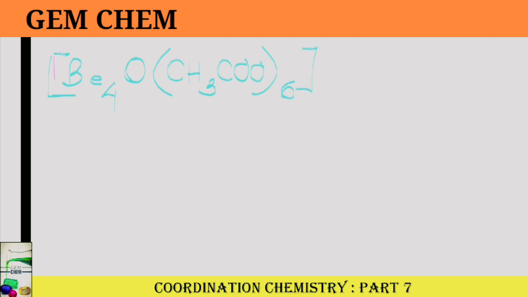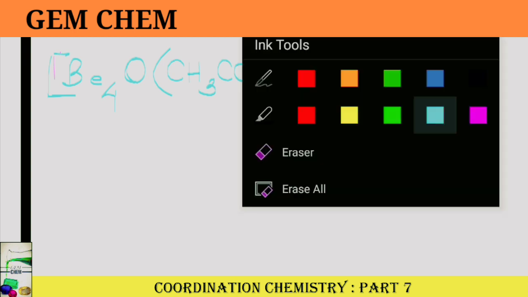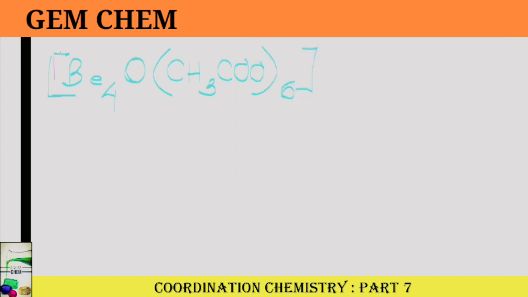This is basic beryllium acetate, and in this case you have to write down its IUPAC name. For that you have to understand the oxidation state of beryllium. So here it is 4x, here O stands for -2, and here there is acetate, so -6 in number, which is equals to 0. So you have x equals to 2.